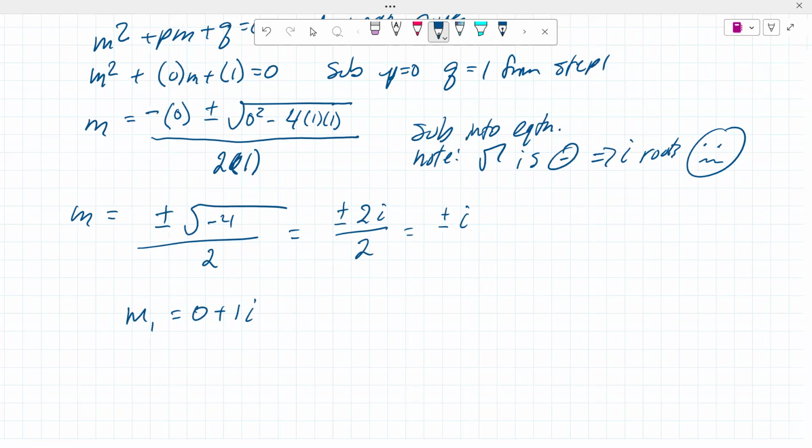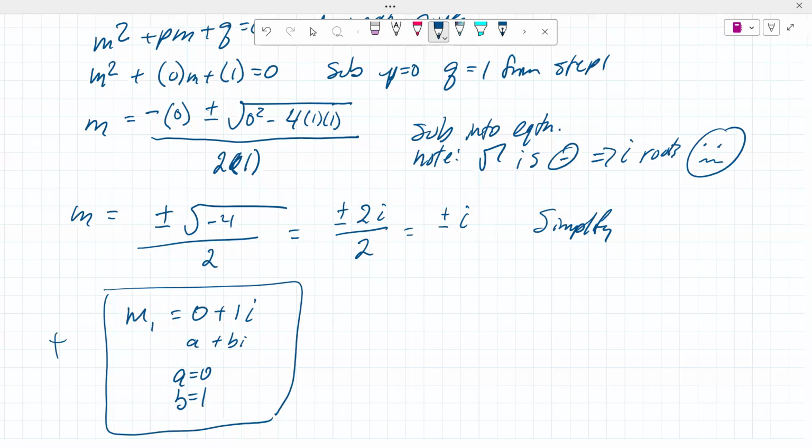A plus bi. So this is a plus bi. Okay, this is just simplifying. This is writing out the roots. So a equals 0 and b equals 1. Remember, we're going to need this info for the next step. This is the plus root, and then we also have the minus root.